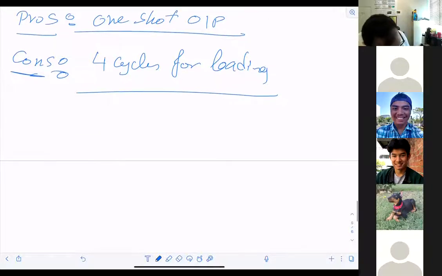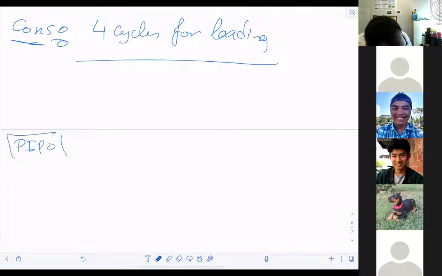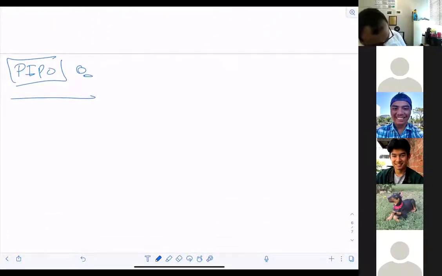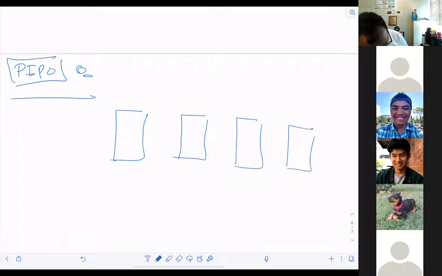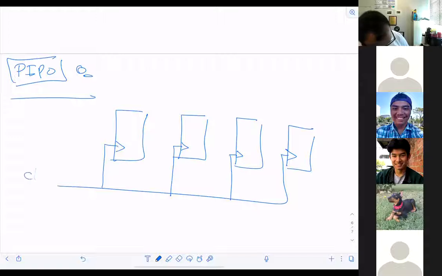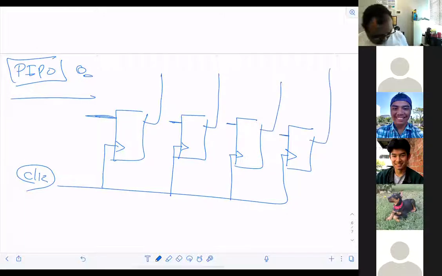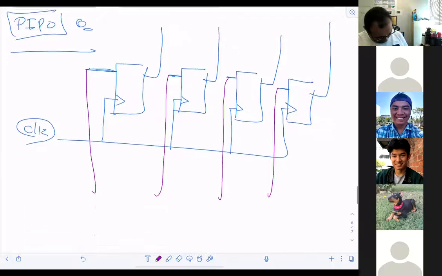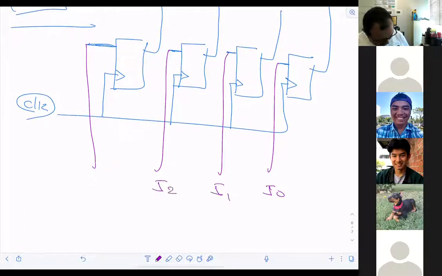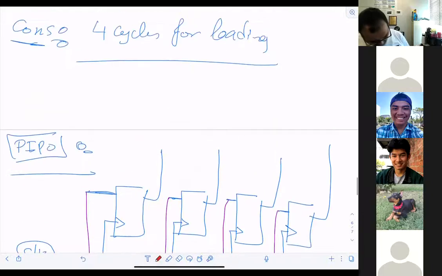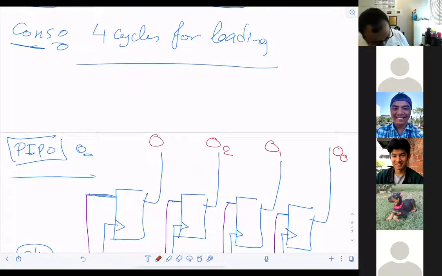Okay, so now PIPO. How does PIPO work? PIPO in general looks like this. I0, I1, I2, I3, O0, O1, O2, O3.